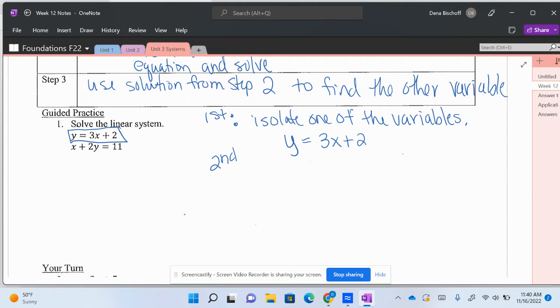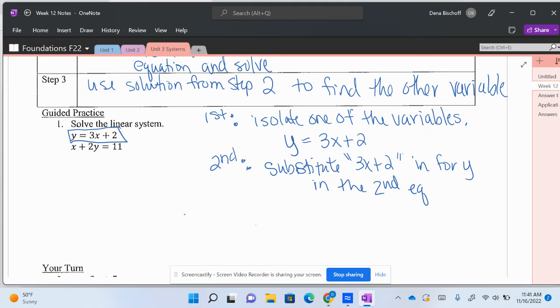So the second thing you're going to do is substitute 3x plus 2. That's an expression in for y in the second equation. And I want to show you what that looks like. For this equation right here, I have x plus 2.